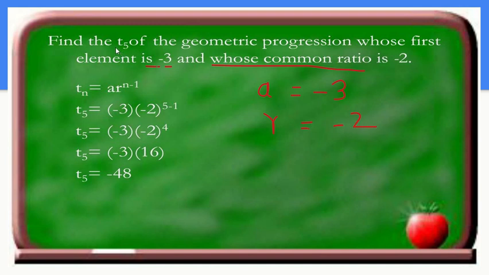Now what we have to find is T5, so it's nothing but Tn. The Tn formula is A R power n minus 1. So T5 equals A, minus 3, into minus 2 the whole power 5 minus 1. You have to be very careful here.